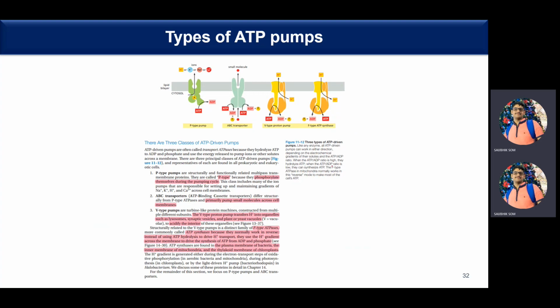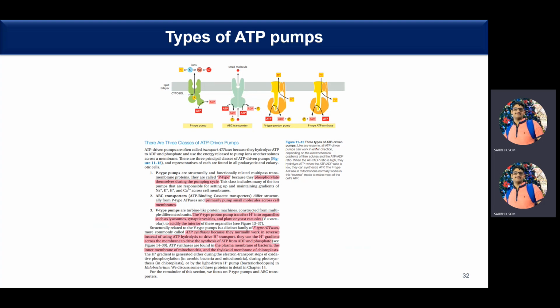The P-type pumps, as you can think from the P, phosphorylate themselves during the pumping cycle. They use the energy from ATP to ADP and get phosphorylated and use that to pump ions out of the cytosol. For example, the sodium potassium Na plus K plus pump is a P-type pump.